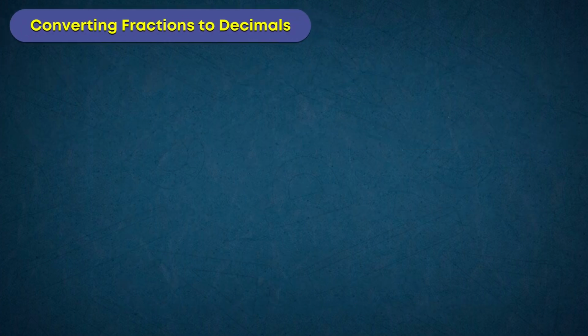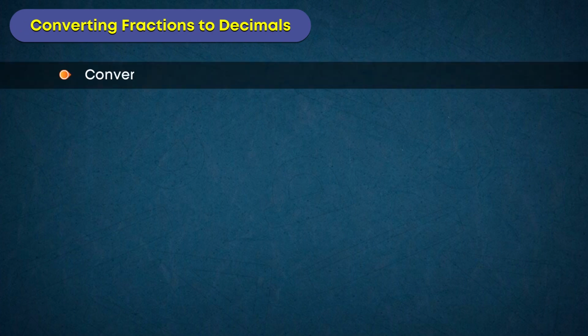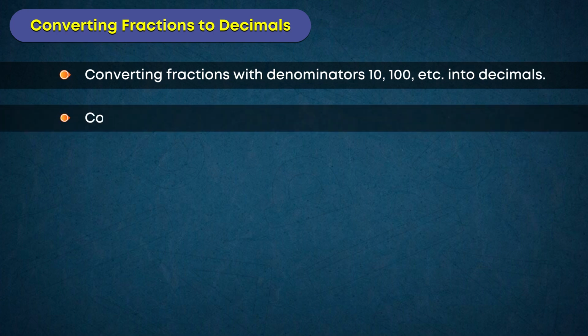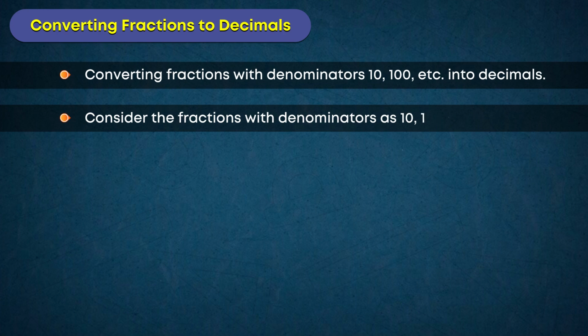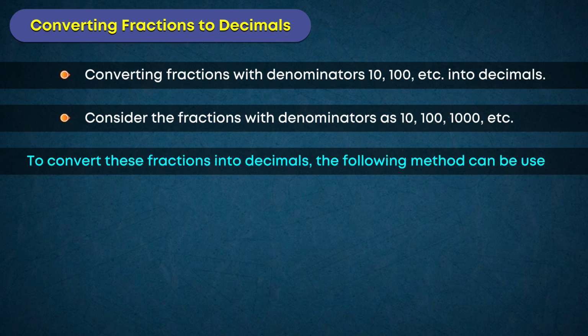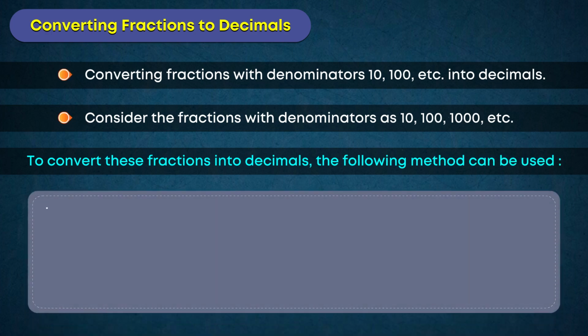Converting fractions to decimals. Converting fractions with denominators 10, 100, etc. into decimals. Consider the fractions with denominators as 10, 100, 1000, etc. To convert these fractions into decimals, the following method can be used. 1.